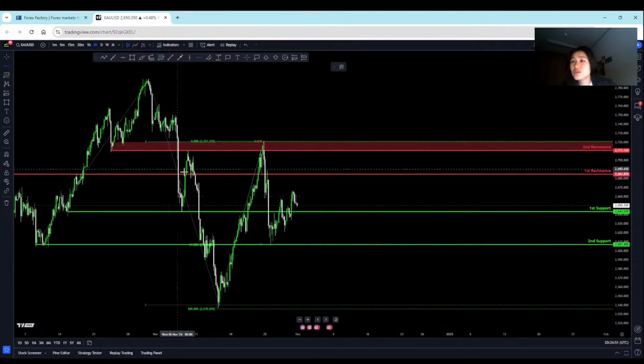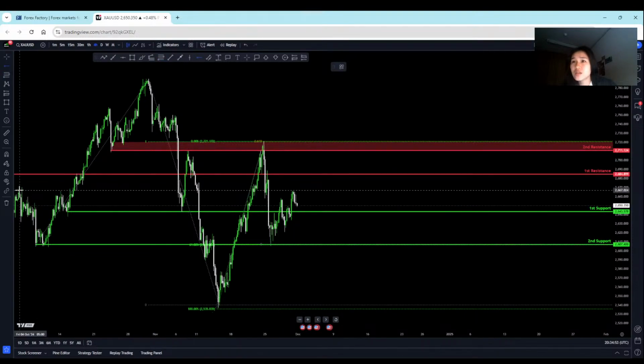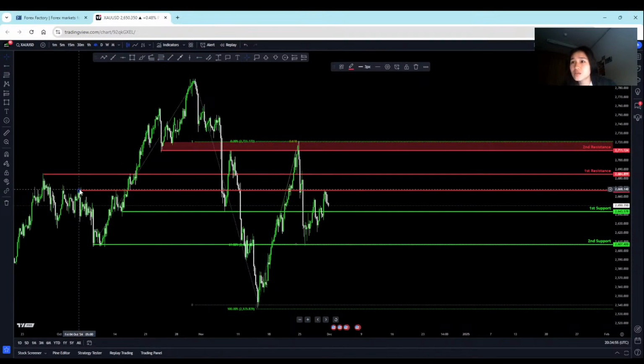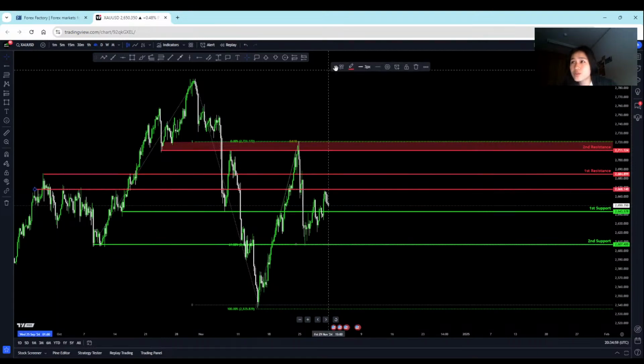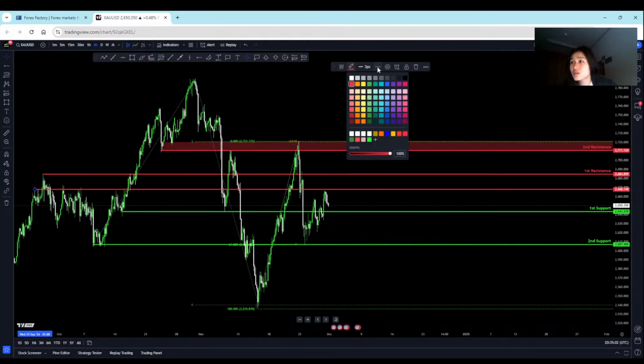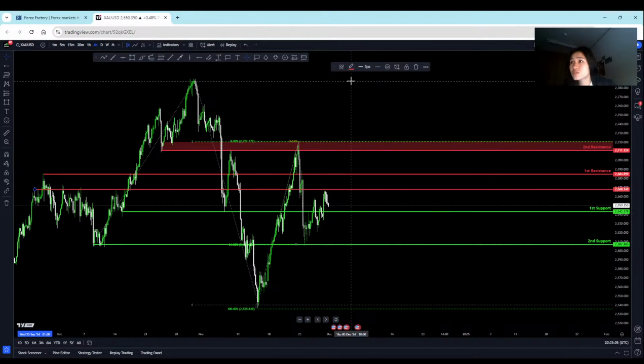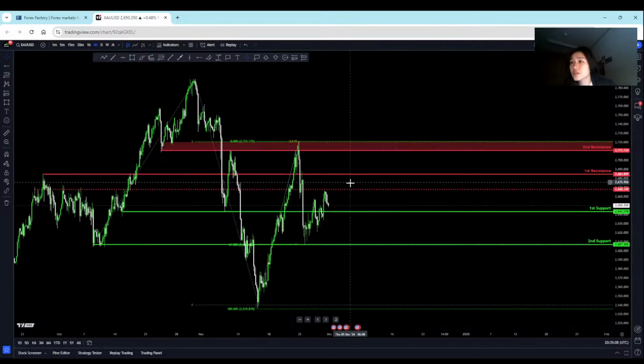We can also add another intermediate level here since prices have tested this level quite a few times. You just want to be aware of that level here.